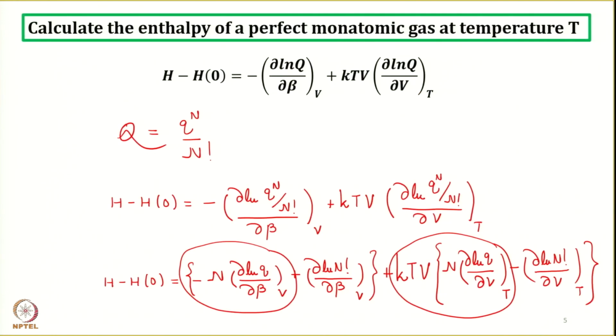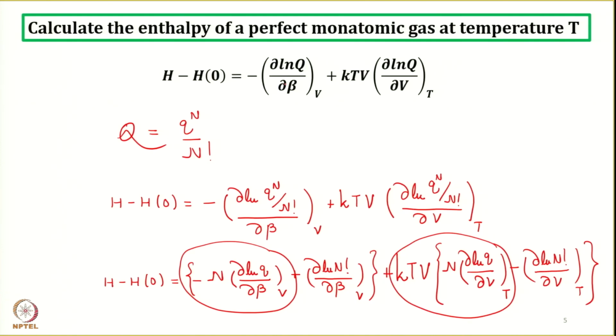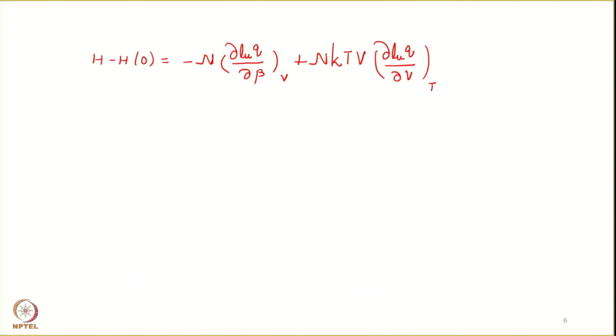Let us double check that. First is minus n del log q del beta at constant volume minus n del log q del beta at constant volume, very fine. Second one is nkTV del log q del V at constant temperature, nkTV del log q del V at constant temperature. Okay. Let us proceed further.